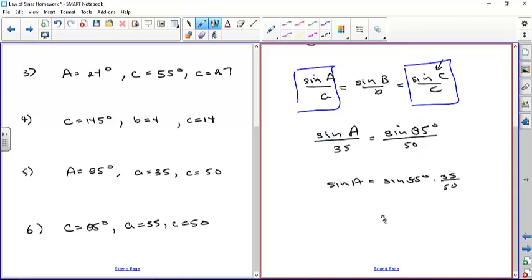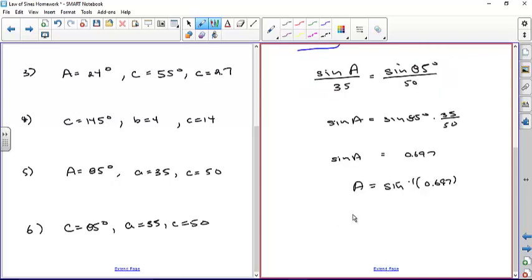So I get the sine of A is equal to 0.697, or A is equal to the inverse sine of 0.697. So that's 44.2 degrees.